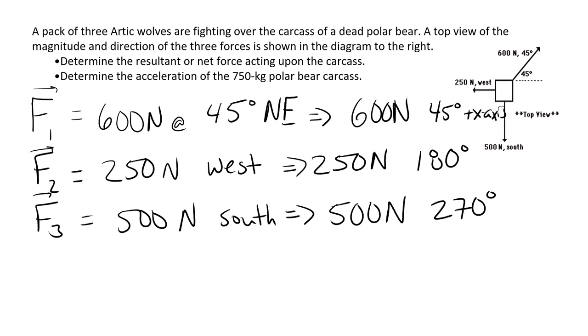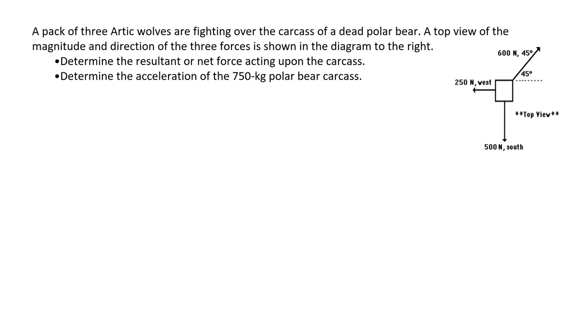So let's go and draw this. On this graph, I could just pretend that this little box is at the origin, and that I have force 1 at 45 degrees.